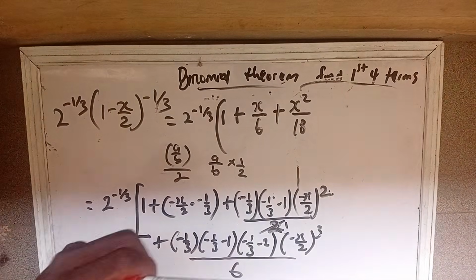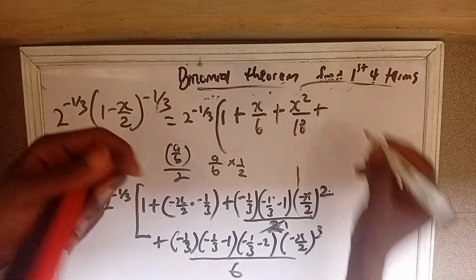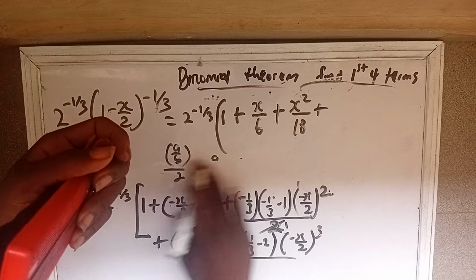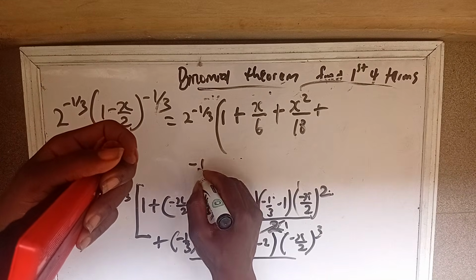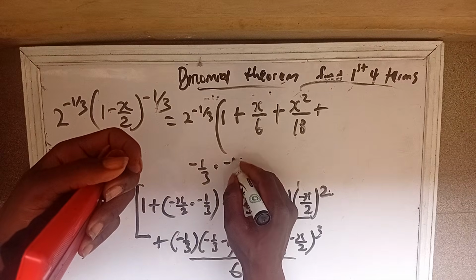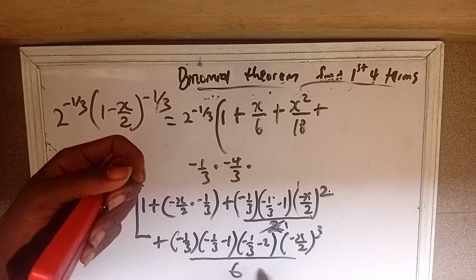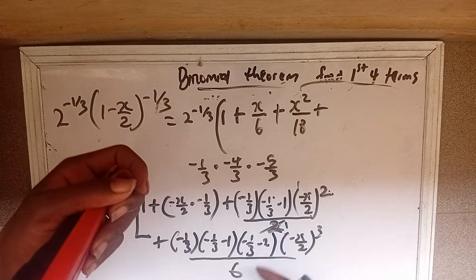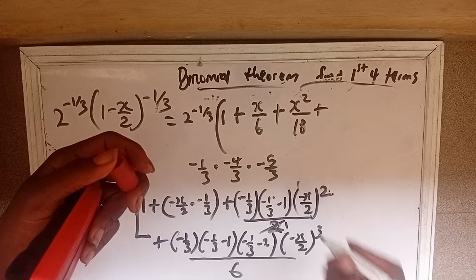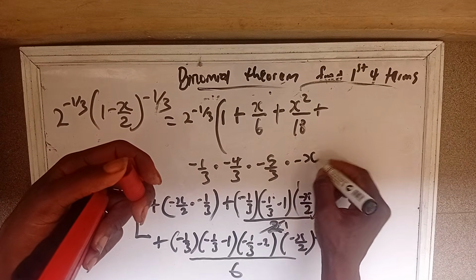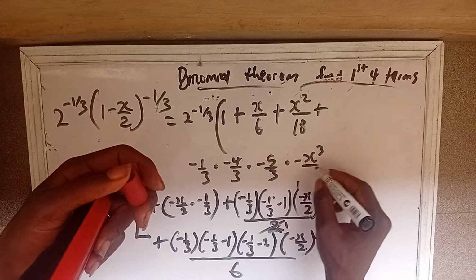So now the fourth term, what is it? Minus 1 over 3 times minus 4 over 3 times minus 2, minus 5 over 3, minus 1 over 3 minus 2, gets minus 5 over 3, times this x cubed, minus x cubed, 2 cubed over 8.